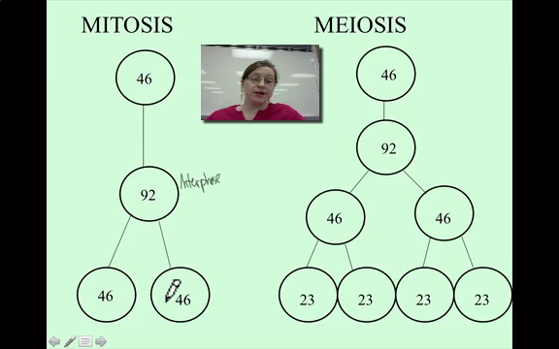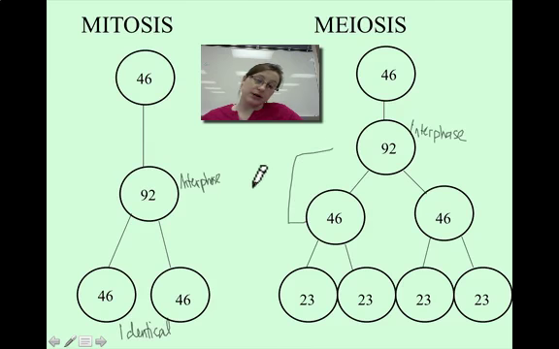And then at the end of mitosis, we split to 46, and these cells are identical to each other. Whereas with meiosis, 46 to 92, this is still interphase. And then from here to here, this is the equivalent of meiosis 1.